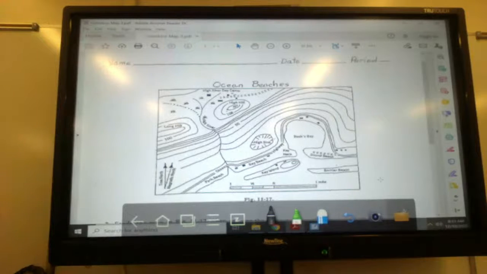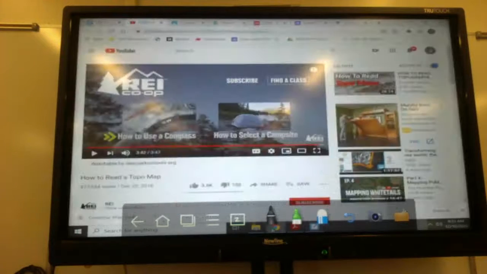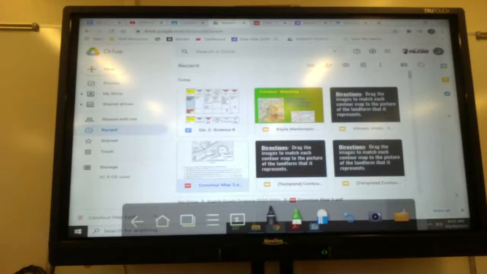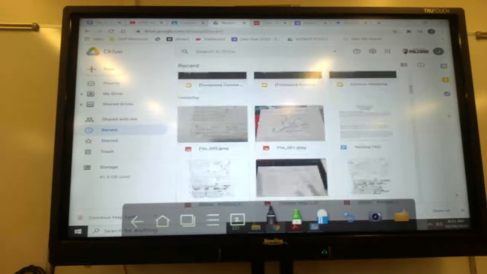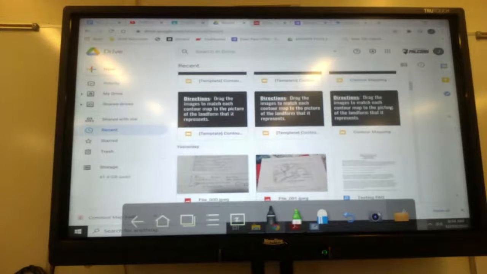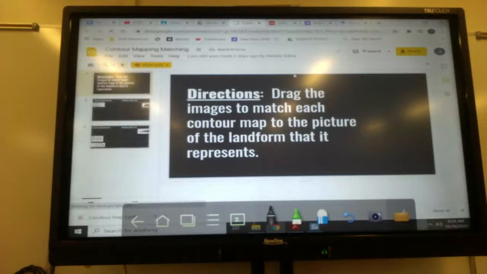All right. So, on Google Classroom, I posted something. Let me just bring it up here. All right. So this is what I posted. So basically, you have two slides here that you have to do. You have to drag the image to match the contour map to the picture of the landform that it represents.